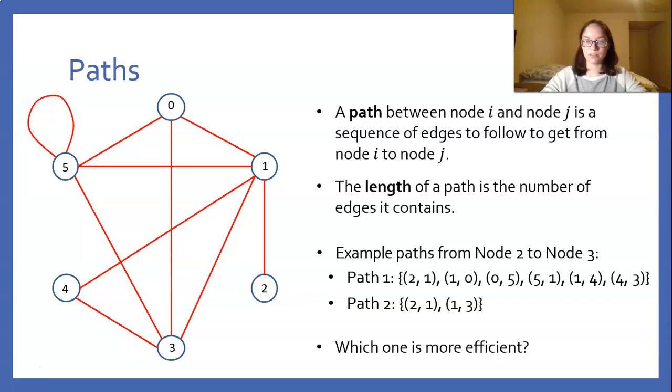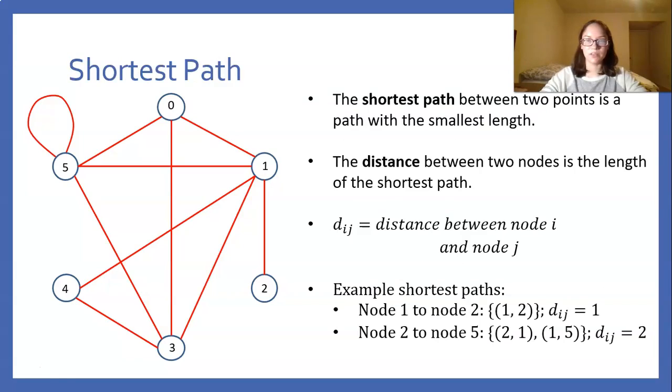So as we've talked about, which one is more efficient, which path you might use, goes hand in hand with the concept of the shortest path, right? The shortest path between 2 points is a path with the smallest length. Right here, the shortest path between node 2 and node 3 is going to be path 2 from earlier, which is 2 to 1 and then 1 to 3.